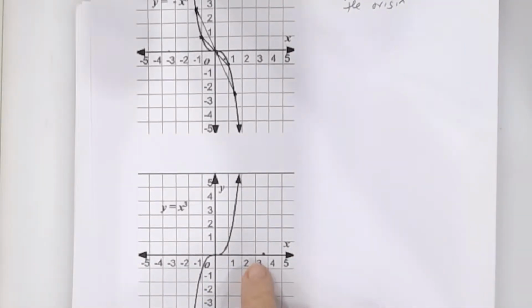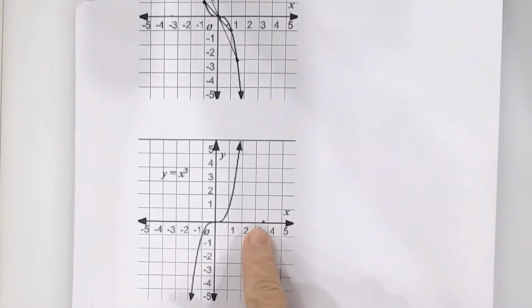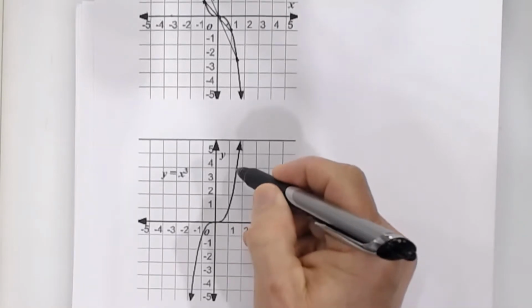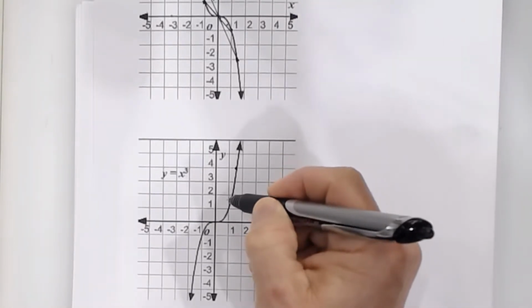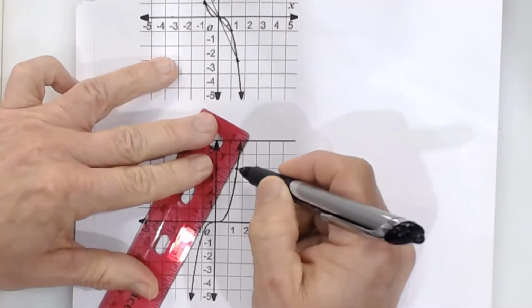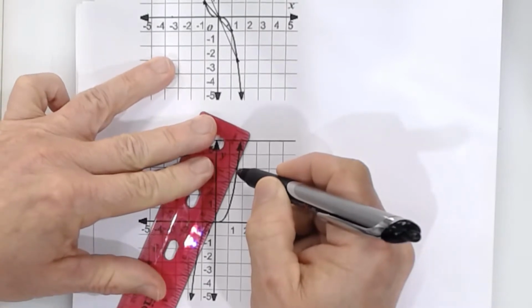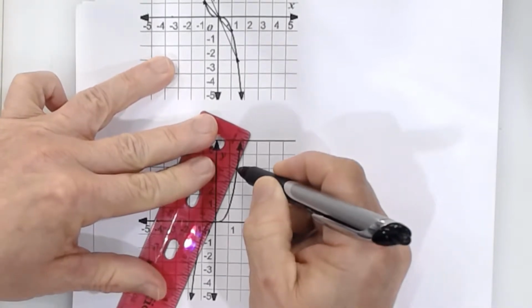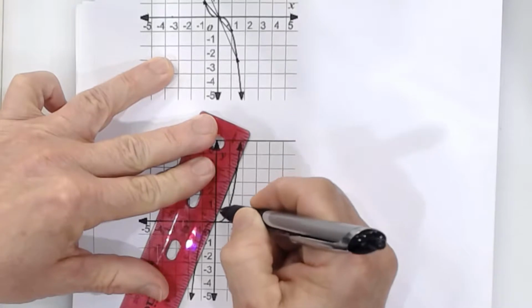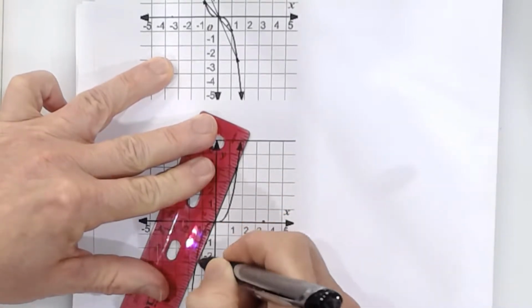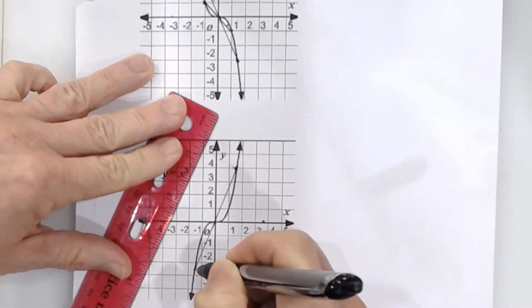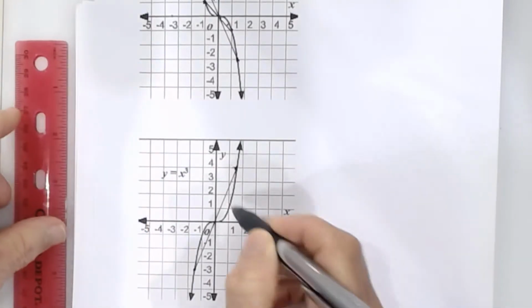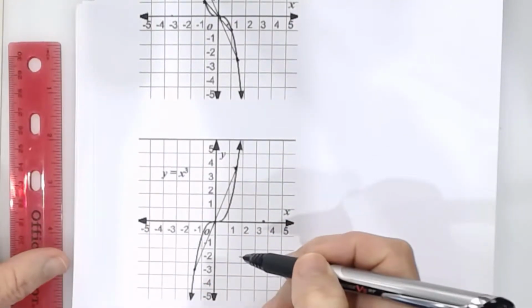And the same thing here. What can you tell me about the symmetry of this relation? Symmetric about the origin as well. So if I take, let's say, this point here, no matter what point I take, and I reflect about the origin, I'm just looking at these distances right here and then going the same distance, I get this point here. Those distances should be the same.